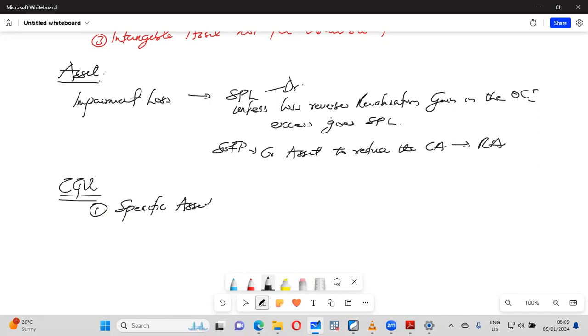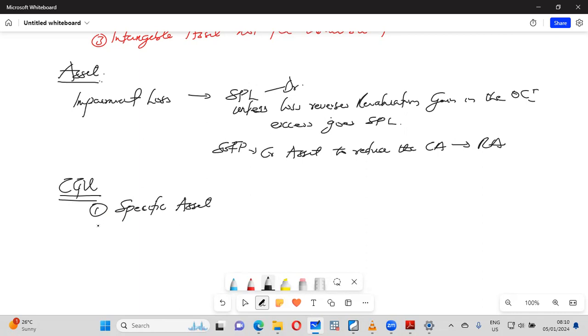Let's say, and this is academic, not that I'm praying for it to happen, Accra Mall is burnt. Some shops will be destroyed totally, some may not be, some will be half gone. So when you are sharing the impairment, there are certain specific assets that have gone totally, so those ones should go first.